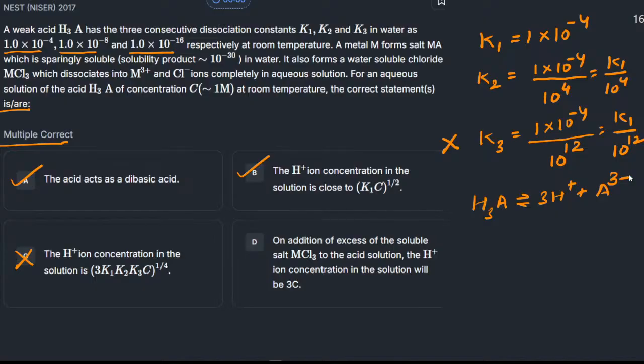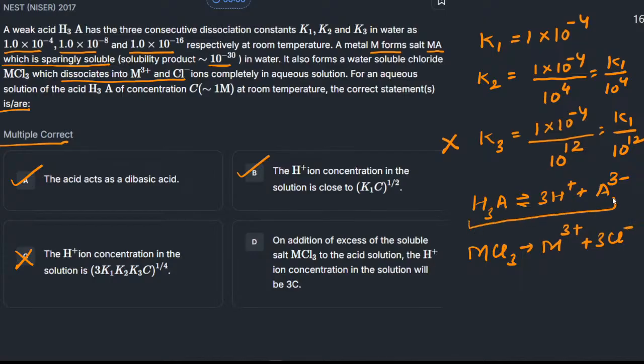So metal M forms MA, which is sparingly soluble. Solubility product is very less. That means when we have MA in the solution, MCl3, sorry, which is soluble, it dissociates completely in aqueous solution: M3 plus and 3Cl negative.